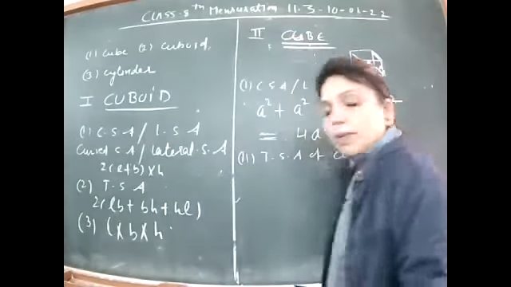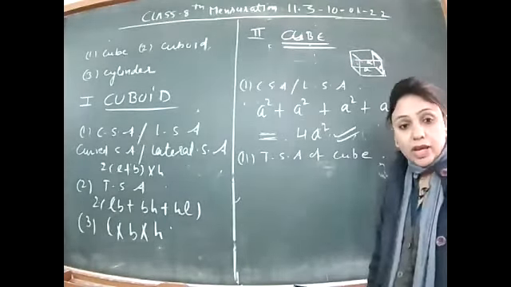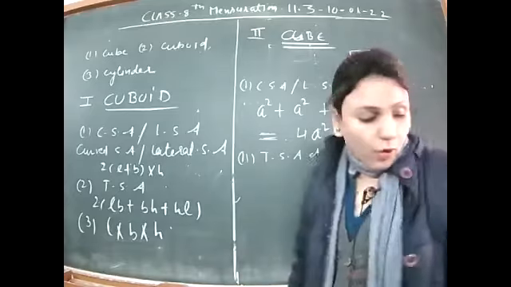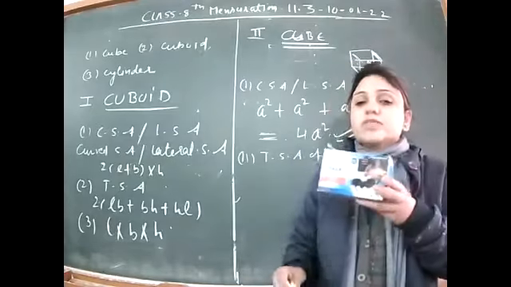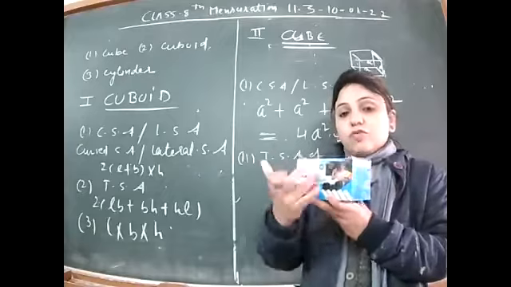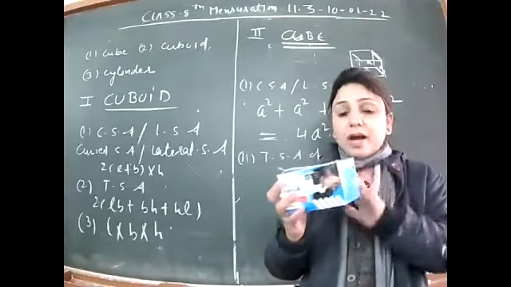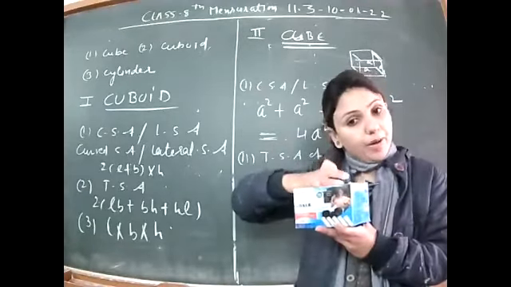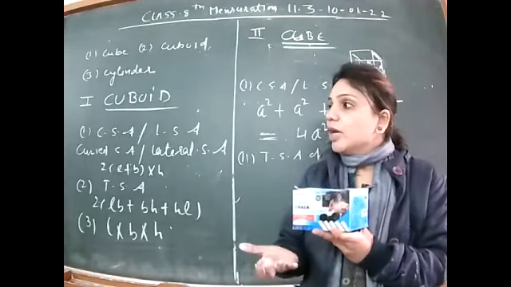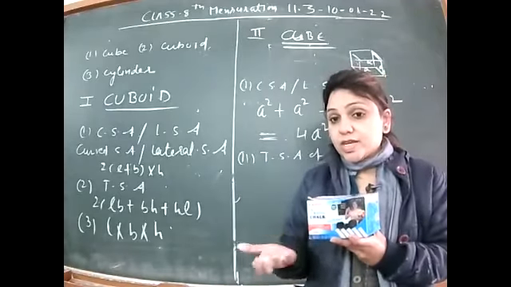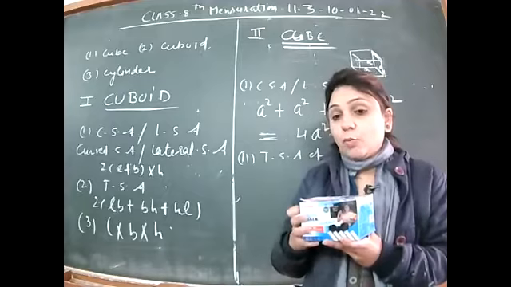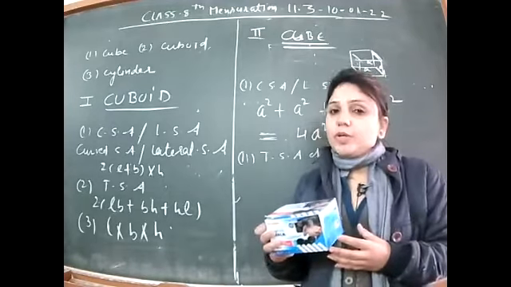Now coming to total surface area of cube. As I discussed in case of cuboid, when we are talking about total surface area, not only the area of these 4 faces, right, left, front, back, but the area of the upper and the lower face will also be included, because total surface area will be obtained when all the 6 faces are included.